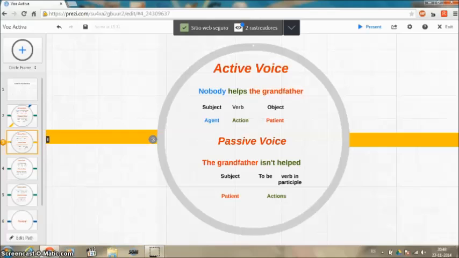The thing is not done. It makes sense. Nobody helps the grandfather. The grandfather isn't helped. The verb to be must be negative because the agent is negative. It could be nobody, no one, none of my brothers, anything.